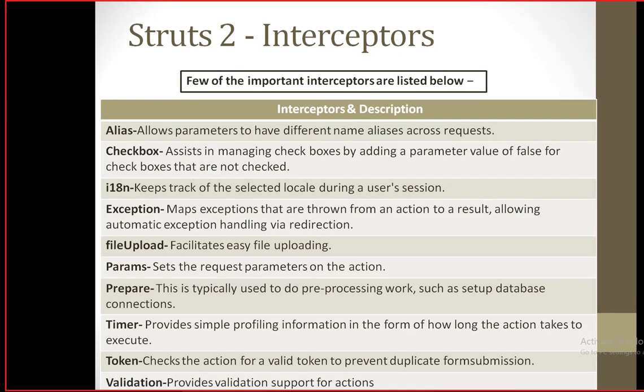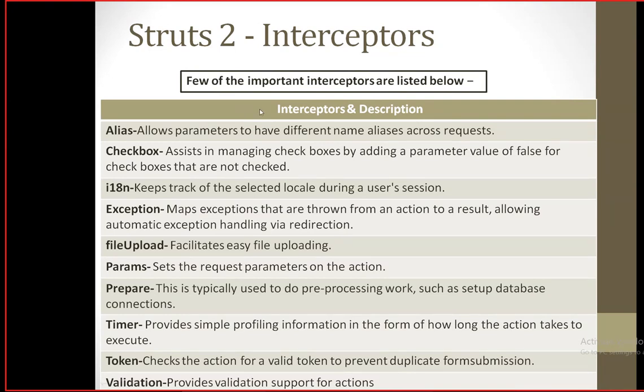So you can see these many interceptors are by default provided by the Struts 2 framework. For example, if we are using the checkbox interceptor, this is a pre-processing interceptor. Whichever checkboxes are selected from the form, their value will be true, obviously.